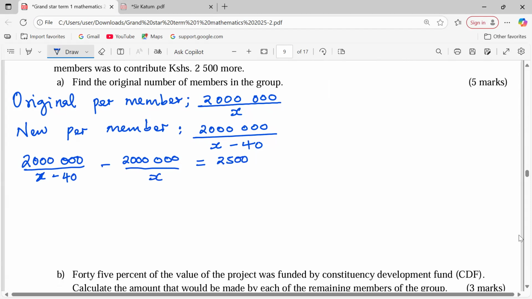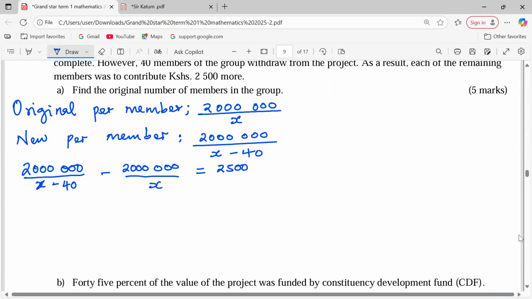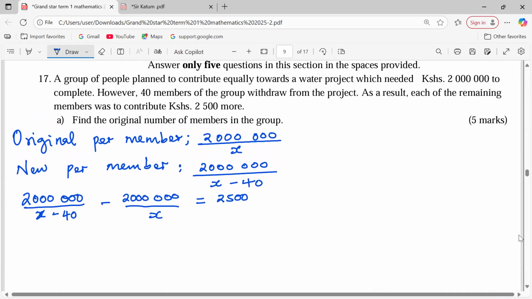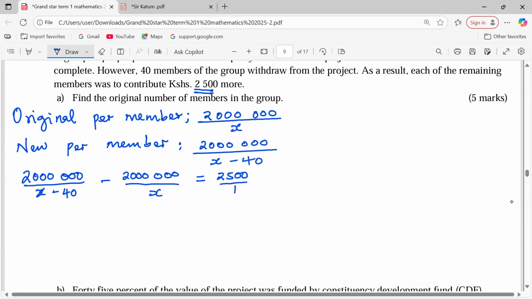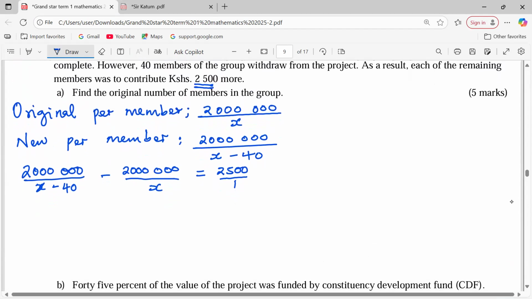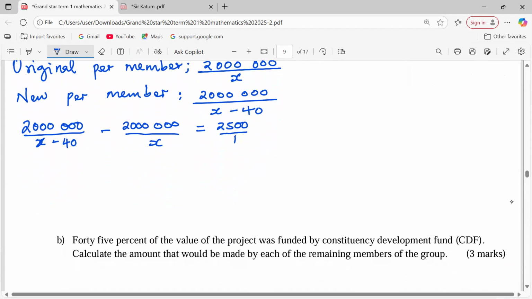So this gives us now the expression for the difference, and we've already been informed that they were to give 2,500 more than how they would have given initially. So this is now the equation that will lead us to solving the value of X. Remember, we are finding the original number of members in the group. That means what we are getting here is now our answer.